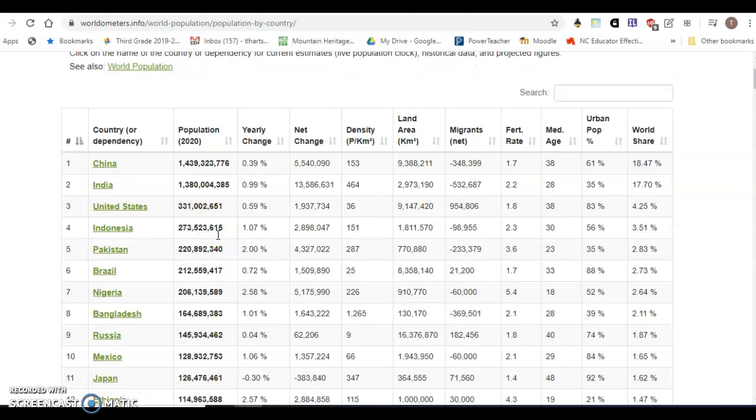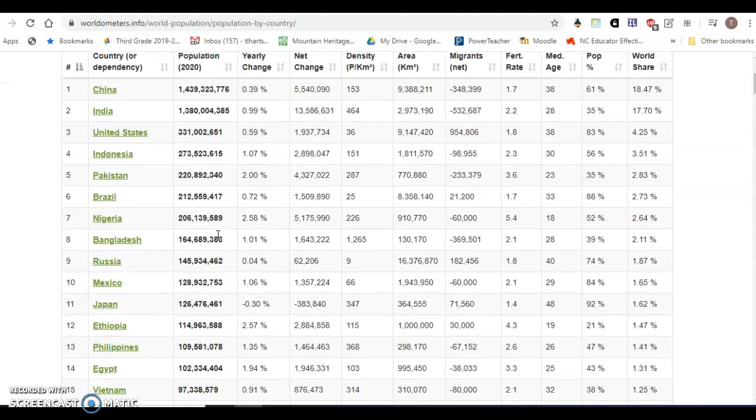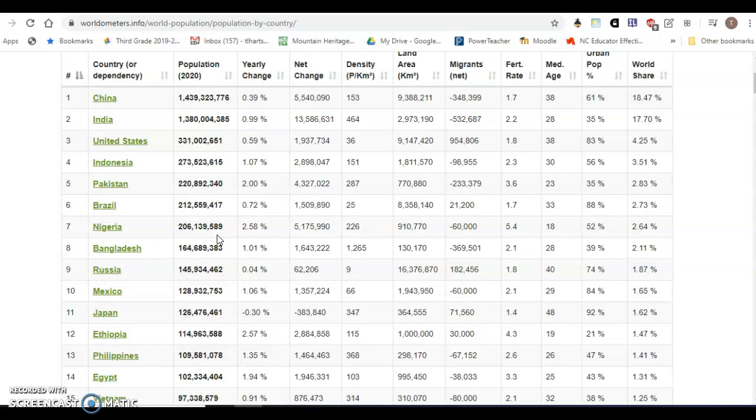Now take a look at the 10 most populous countries in the world, and I would like you to look at population density, this column right here. So of the 10 most populous countries in the world, which country has the greatest population density? Which country has the smallest population density?